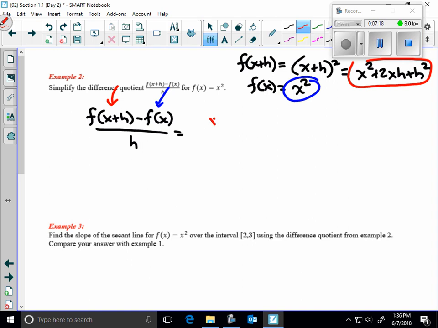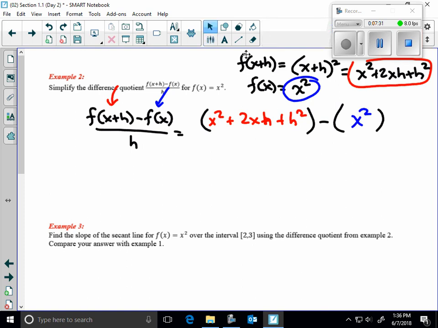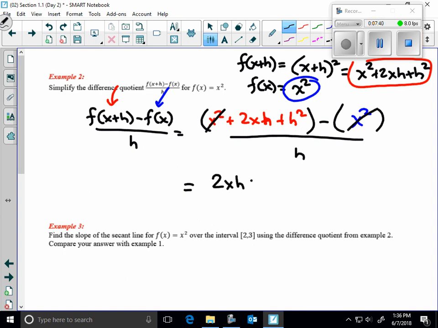So if I take x squared plus 2xh plus h squared, and I subtract x squared from that, and I divide all that by h, we're going to get something that's going to lead us eventually to the derivative. We won't get there yet, but the x squareds will cancel. I'll get 2xh plus h squared all over h.